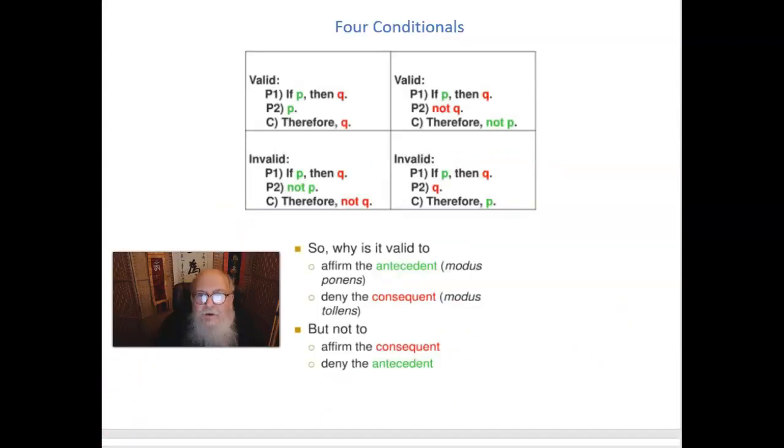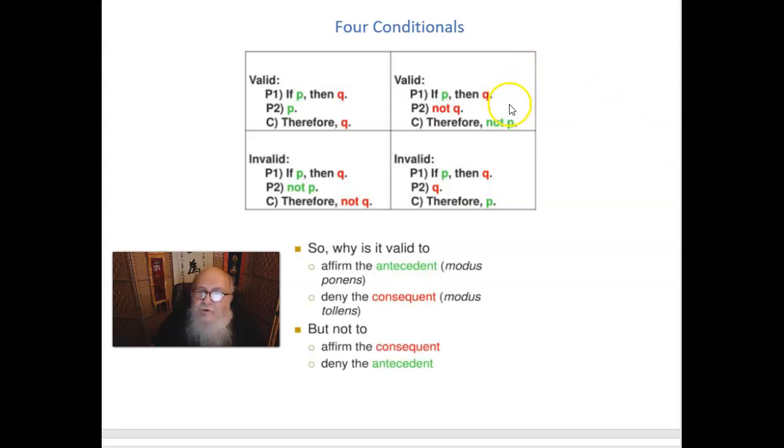So let's think about our four conditionals a bit, right? In modus ponens, we have if P then Q, P therefore Q, right? But in the fallacy of denying the antecedent, we have if P then Q, not P, therefore not Q, which is invalid.